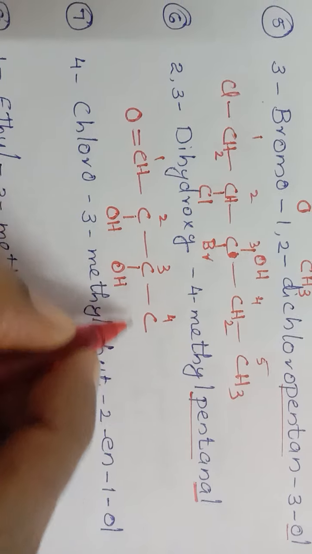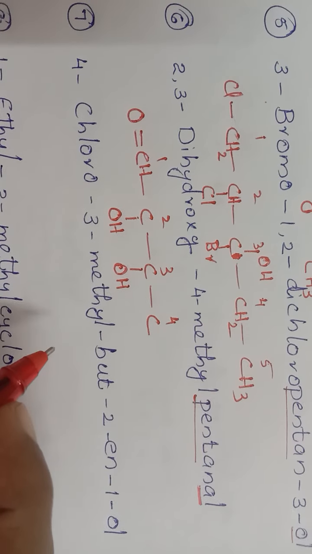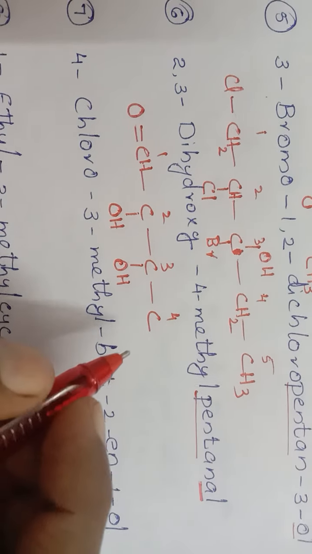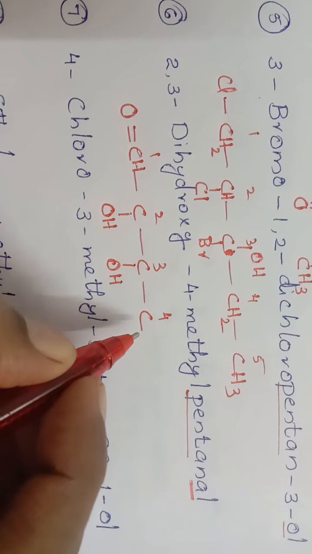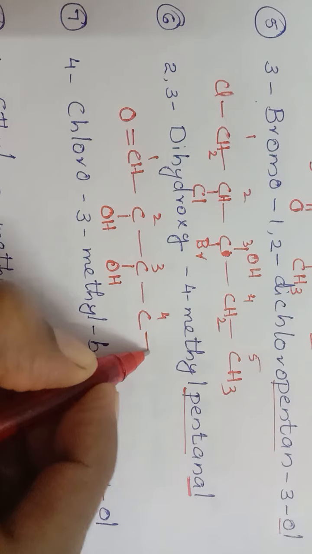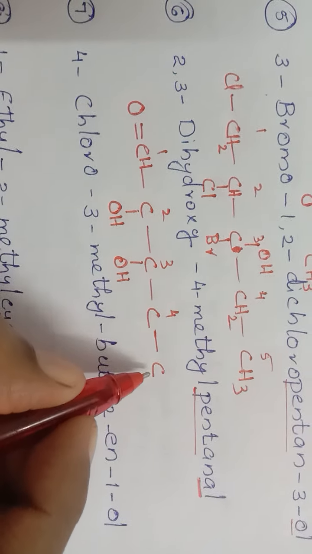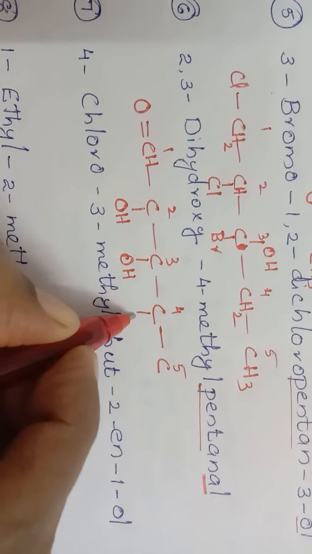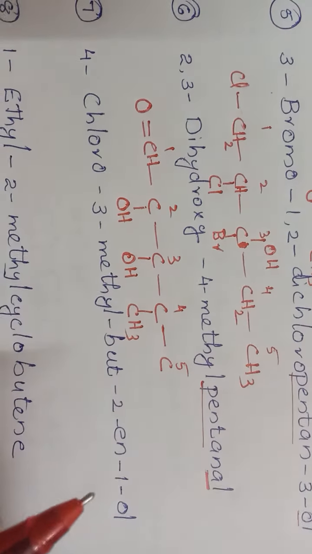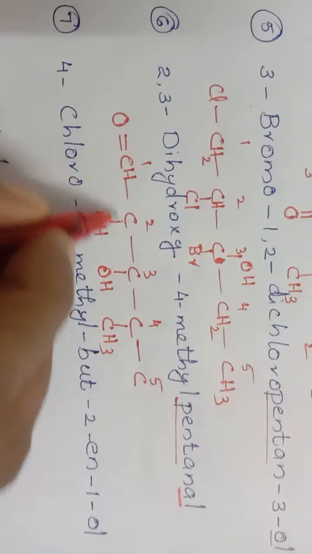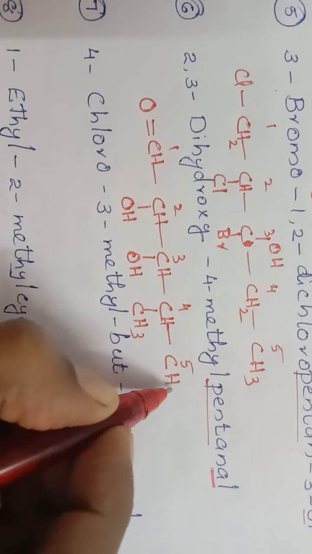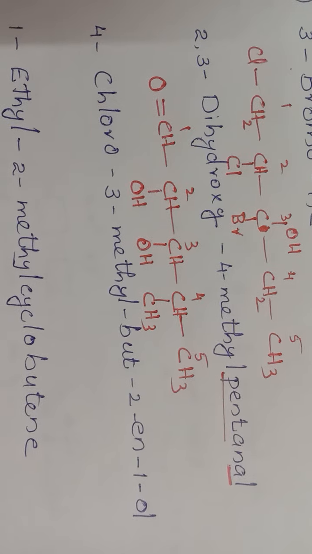Now 4-methyl. One more carbon atom is needed because it is pentan. 1, 2, 3, 4, 5. 4-methyl. Fourth carbon atom contains a methyl group. CHO, CHOH, CHOH, CH, CH3, CH3. This is the structure.